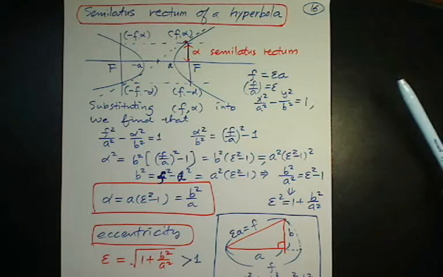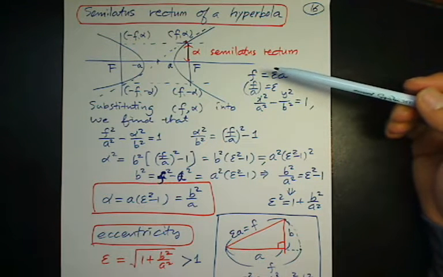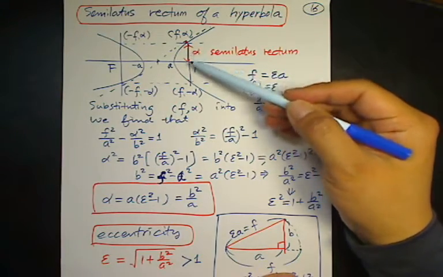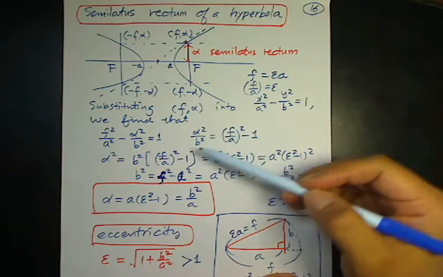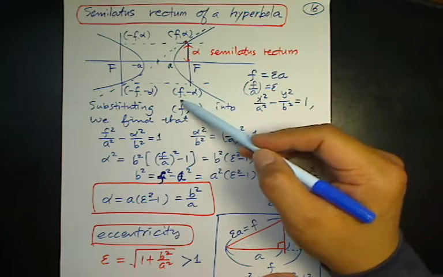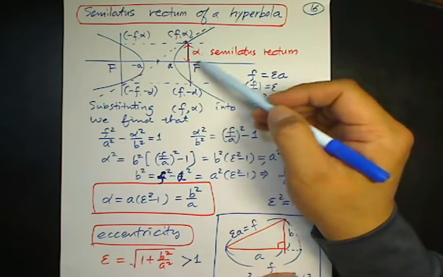What happens to the semi-latus rectum of a hyperbola? Alpha is very important to determine the radius, especially the minimum value of the radius. This is the semi-latus rectum, and according to this formula and the focus coordinate, F is substituted to find alpha.